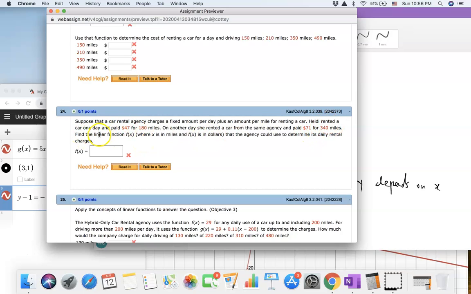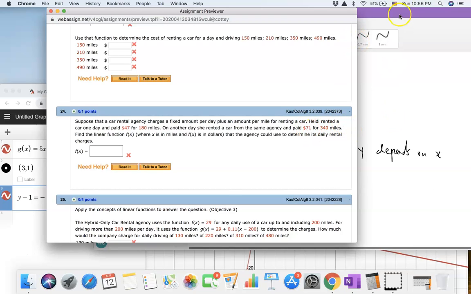Heidi rented a car one day and paid $47 for 180 miles. So she drove 180 miles and then paid $47. And the other day she drove 340 miles and paid $71.